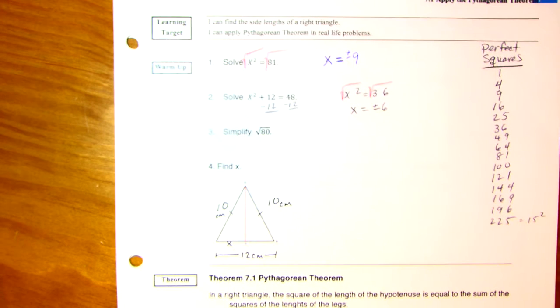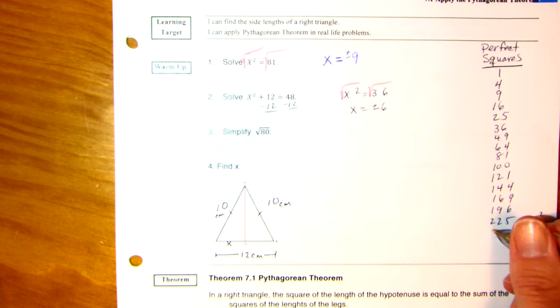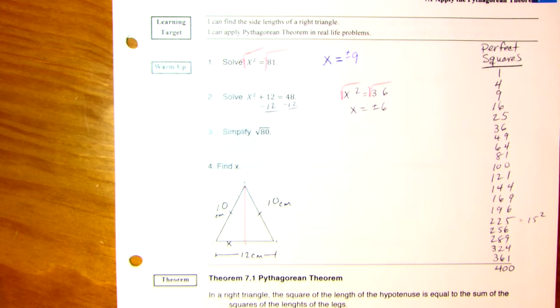I like to label that one because after a while they start blending in. 256, 289, 324, 361, and 400. I don't expect you to memorize them, but if you go through it enough, you kind of get the idea.